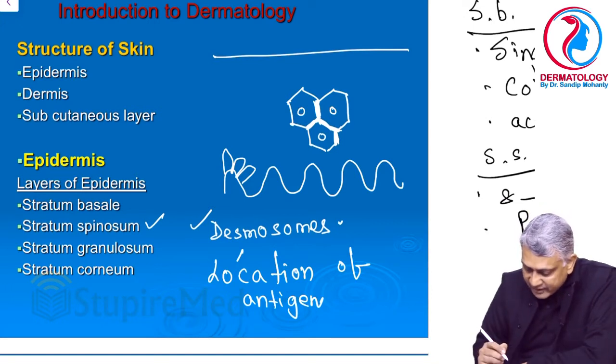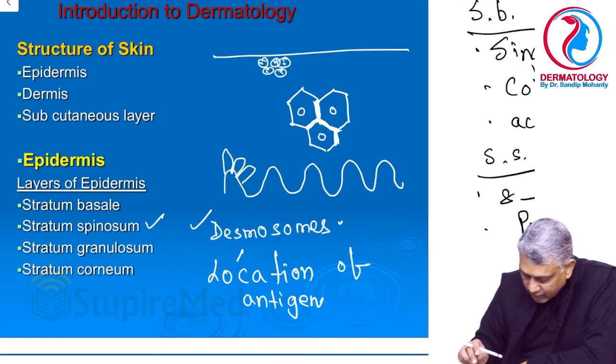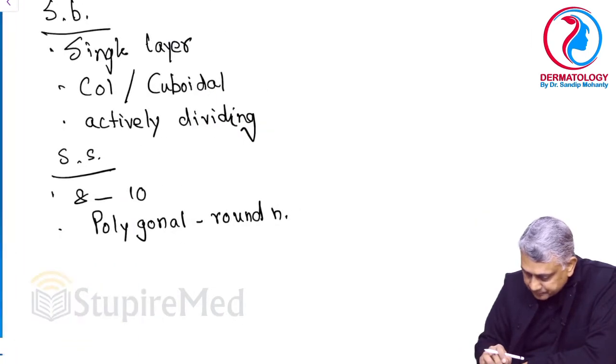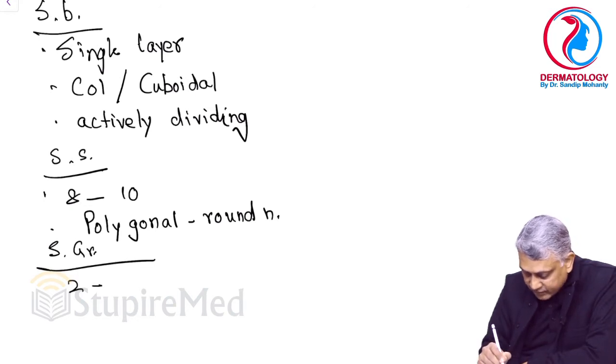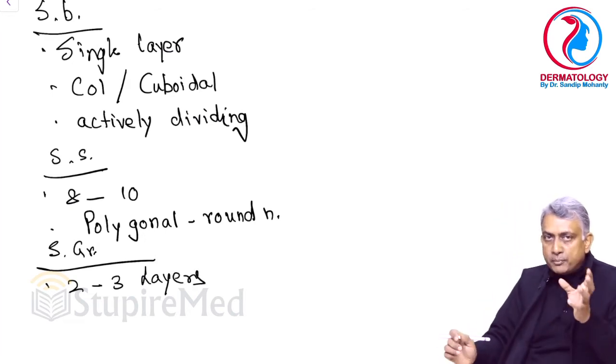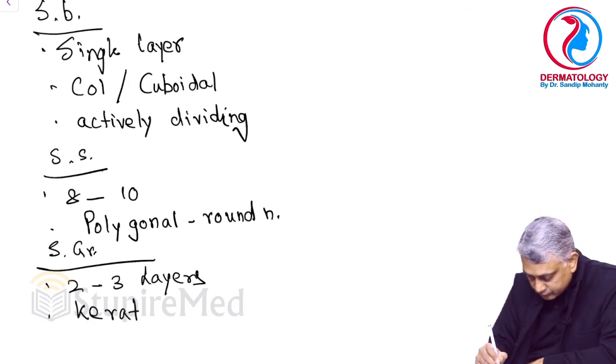Then above that we have stratum granulosum. Stratum granulosum is 2 to 3 layers thick. Why do we call it stratum granulosum? Because the cells contain granules, known as keratohyaline granules.